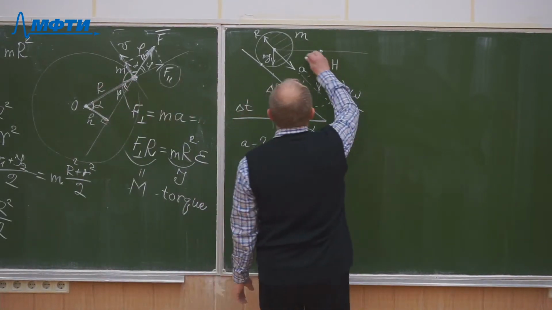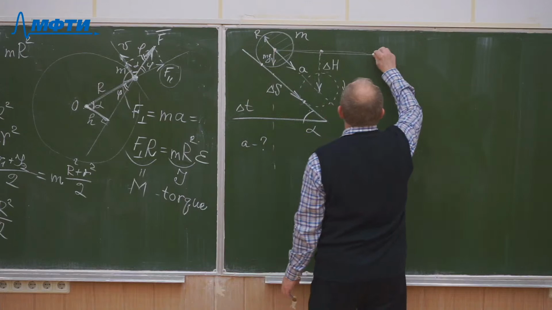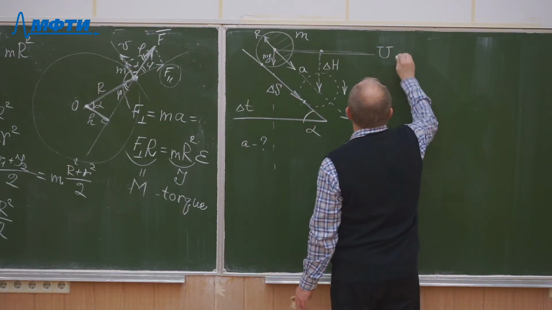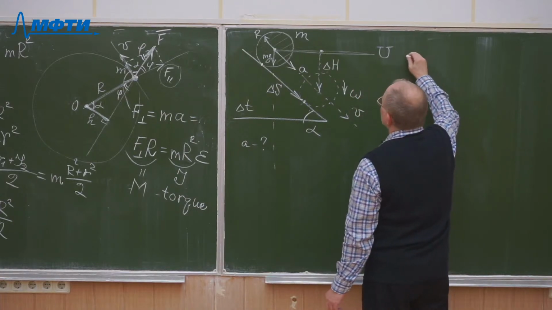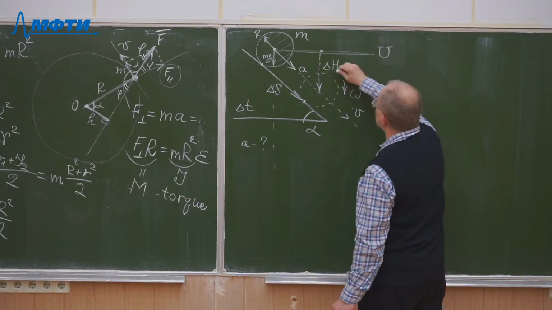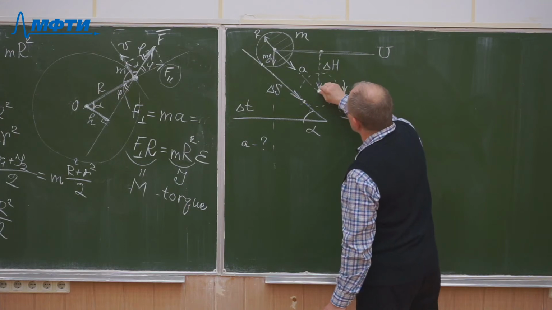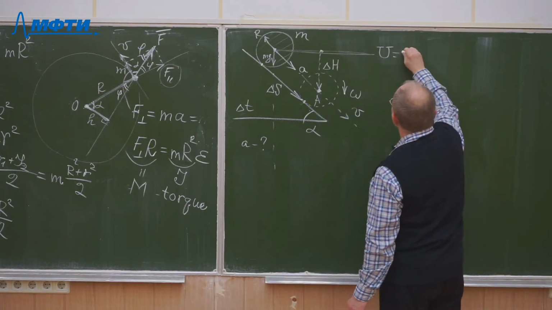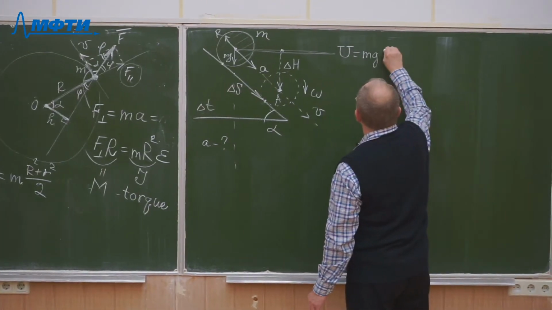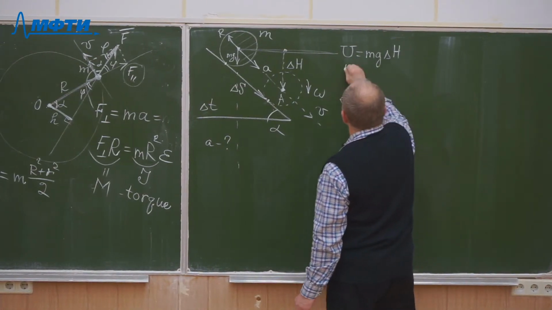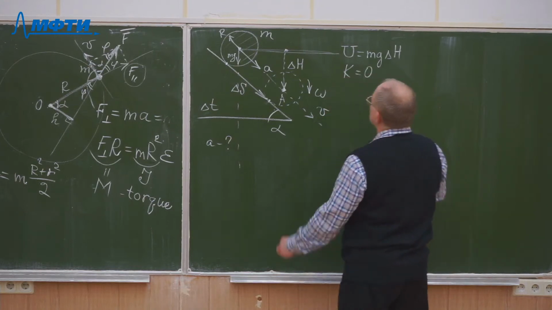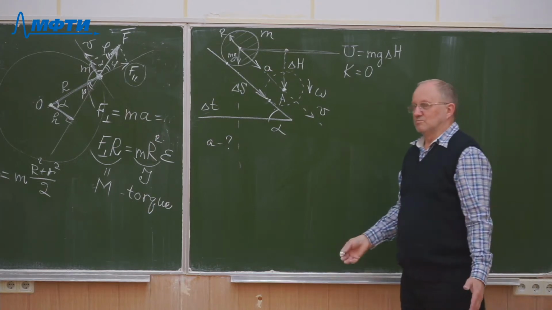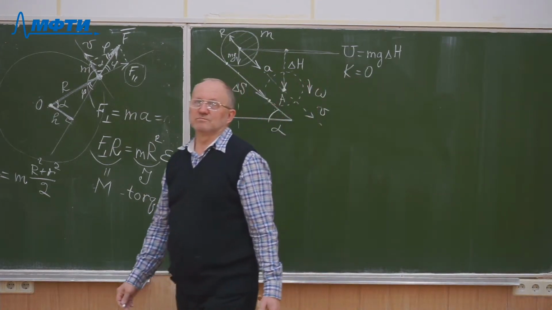So the initial mechanical energy was the initial potential energy on this level. We can assume it to be 0. And the initial potential energy with respect to this point A will not be 0. It will be mg delta h. And the initial kinetic energy is 0 because the initial velocity of the cylinder is 0 by the statement of the problem.